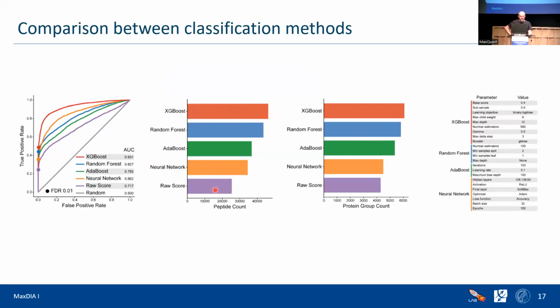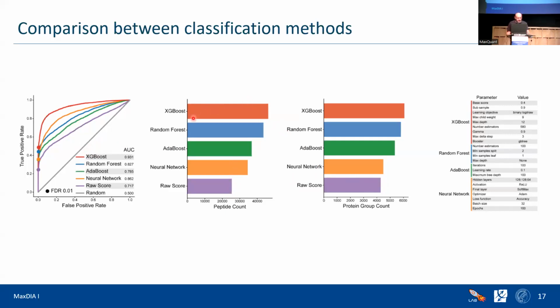And then we had 3 criteria. One is the ROC curve, the area under the curve of this classification problem. The other ones are, everything else being the same, and you just swap the machine learning algorithm in MaxQuant, what is the number of peptides and what is the number of protein groups that you get, depending on the machine learning algorithm.